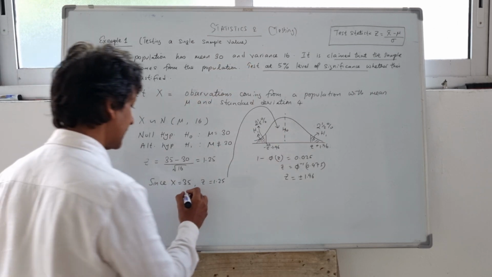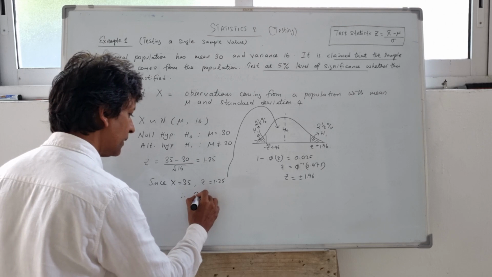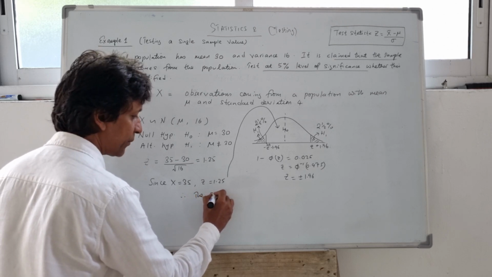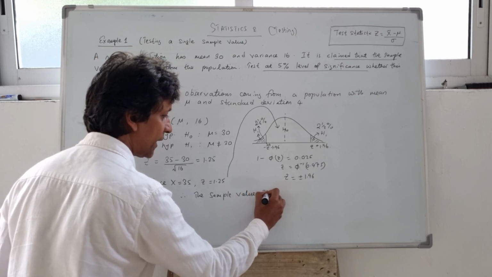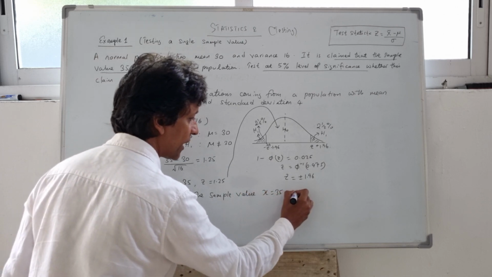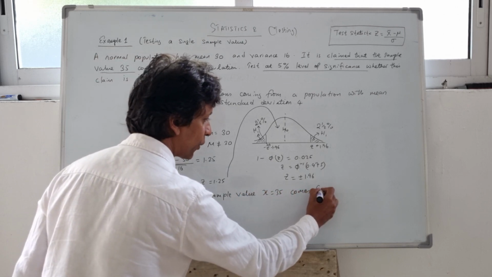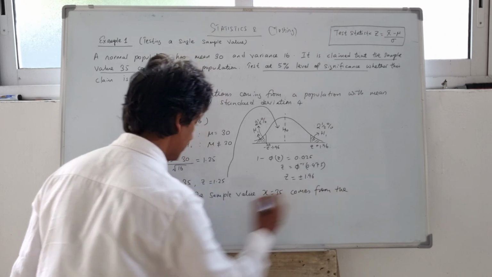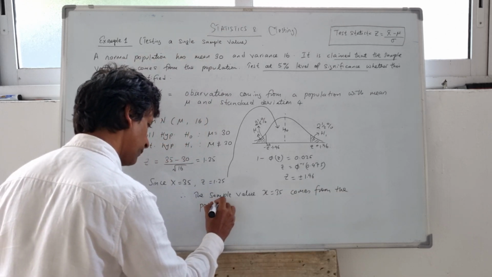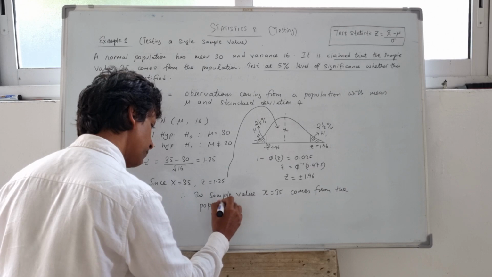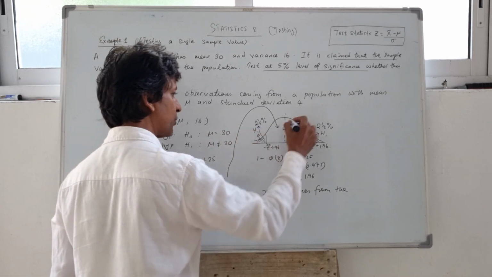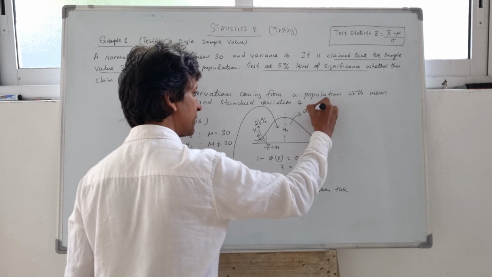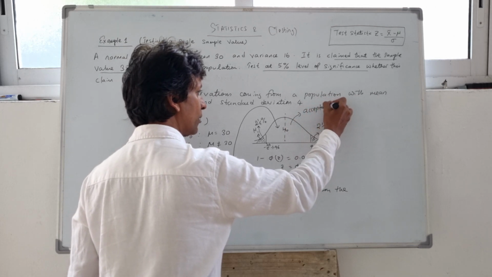Therefore it is concluded that the sample value x equal to 35 comes from the population. Why? Because this 1.25 falls within the acceptance region. Remember, this is the acceptance region.